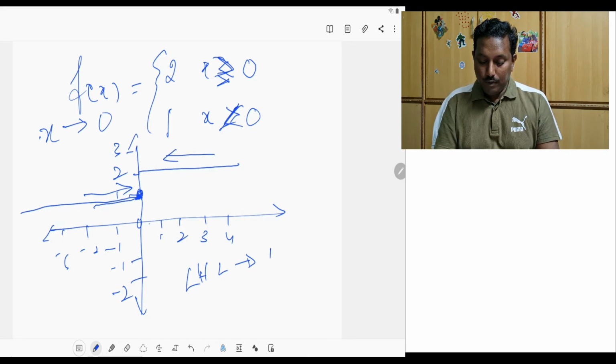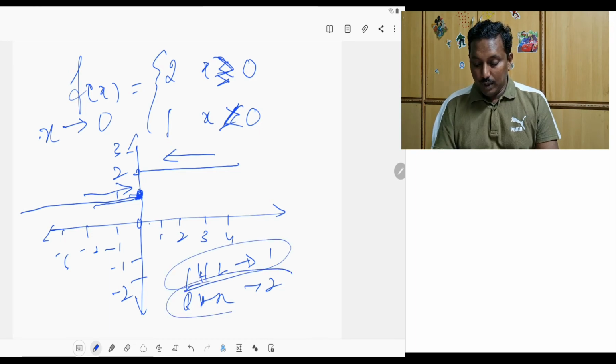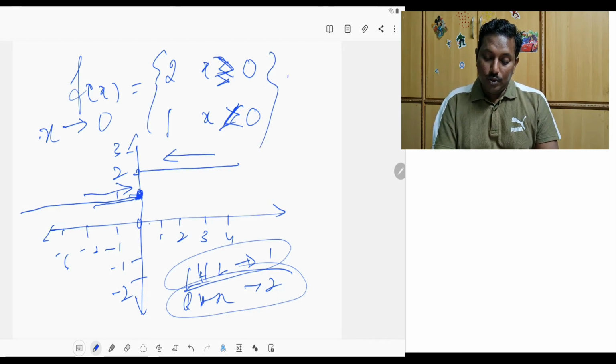And if we approach it from the right hand side, the value is approaching 1. So the left hand limit and the right hand limit are both different, so there exists no limit for this function, and you can also see there is no continuity here. The graph is broken.